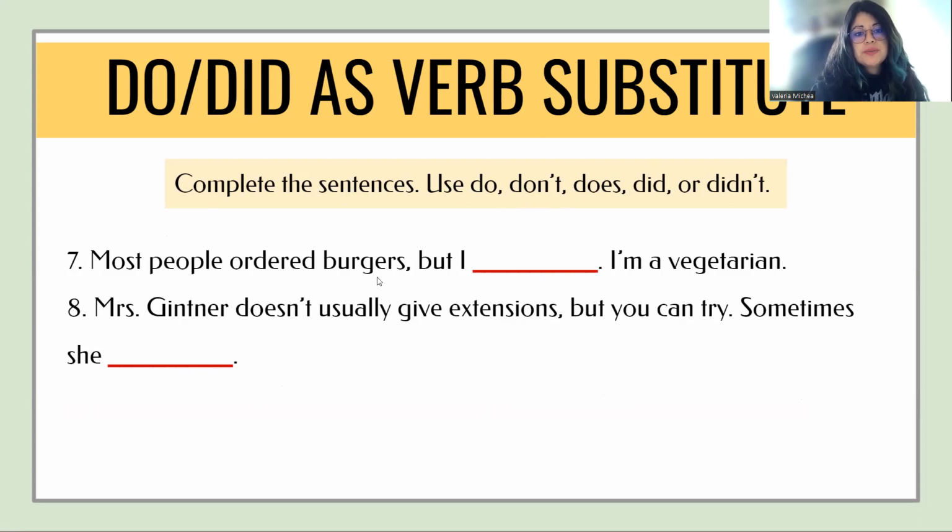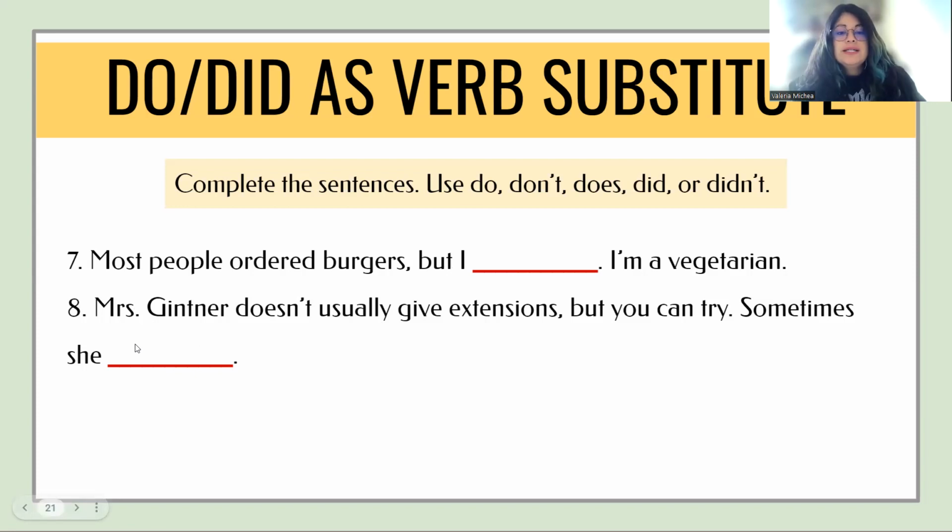Most people ordered burgers, but I'm a vegetarian, right? So decide which one goes here. And finally, number 8. Mrs. Gintner doesn't usually give extensions, but you can try. Sometimes she... Now ask yourself the questions and find out the answer.